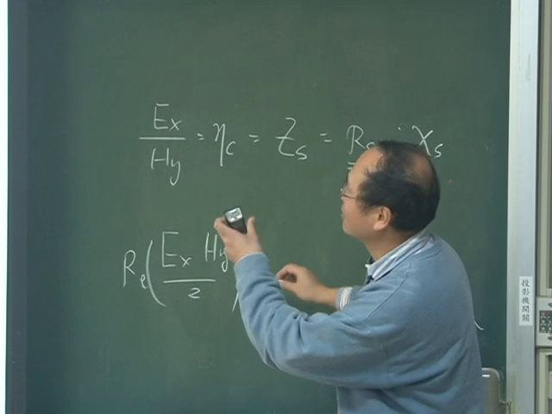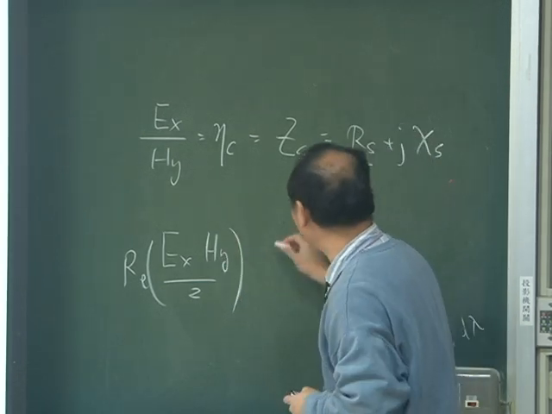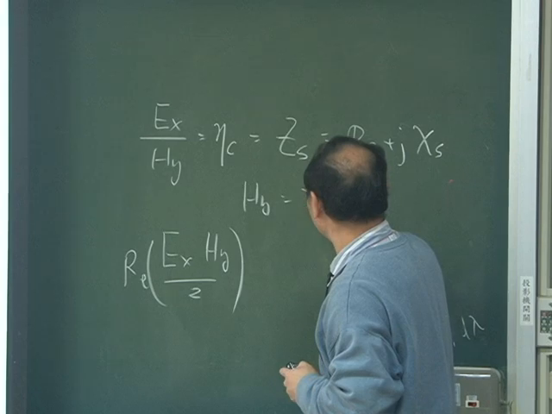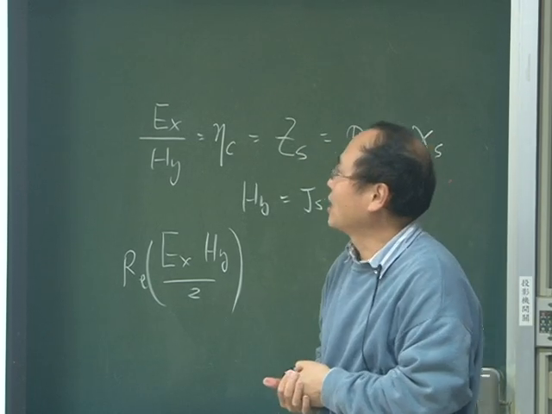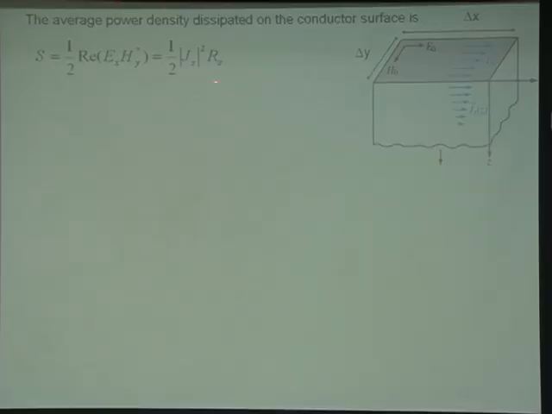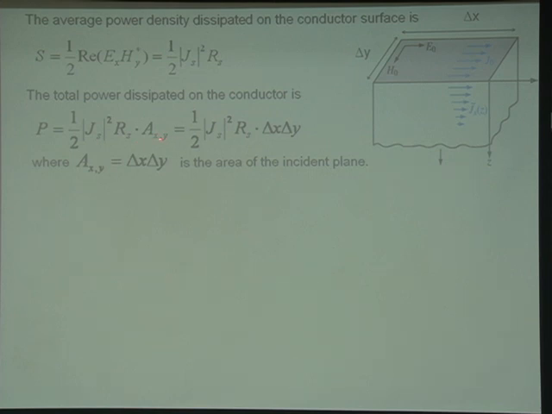So you end up having this expression, and you have Hy equal to Js. So this is the real part of your complex Poynting vector, that is the power density in this area. But if you want to calculate the total power loss, you have to integrate over the surface. The surface is delta x delta y, which gives you an area of delta x delta y.